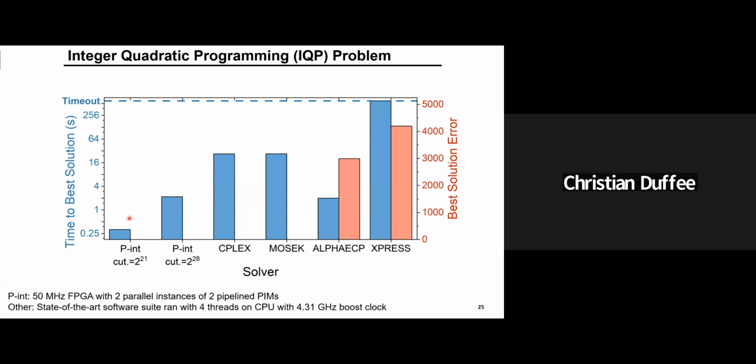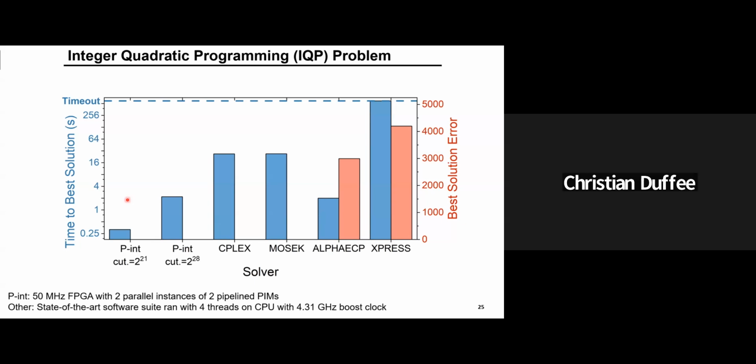But our FPGA implementation of our probabilistic integer solver also found the ground state solution, and it found it much quicker than the solvers. In this case, about a 64x improvement in time to solution. Of course, the p-integer case is on an FPGA, but I do want to specify that the FPGA was only running at 50 megahertz.